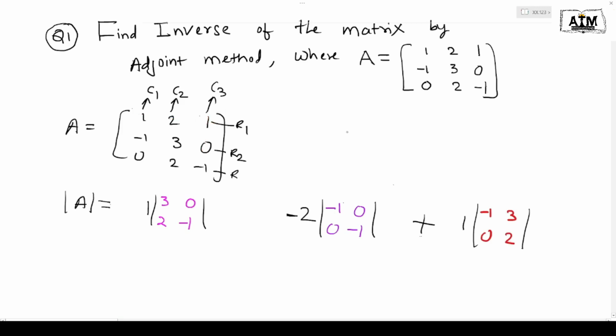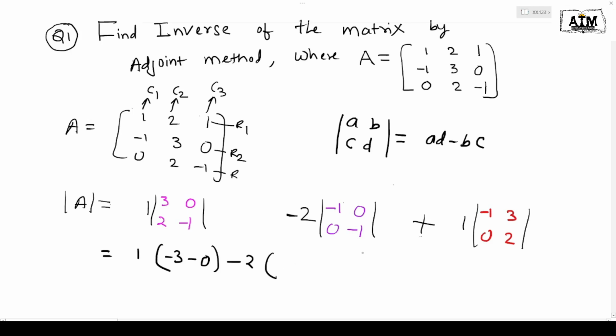Now we apply the formula of the second order determinant. Suppose a, b, c, d is the second order determinant. So the second order determinant equals ad minus bc. This formula will now apply everywhere. So 1 multiplied by (-3 - 0), then 2 into 0 is 0, minus 2, minus into minus plus, plus 1 times (-0), and 1 multiplied by (-2 - 0).